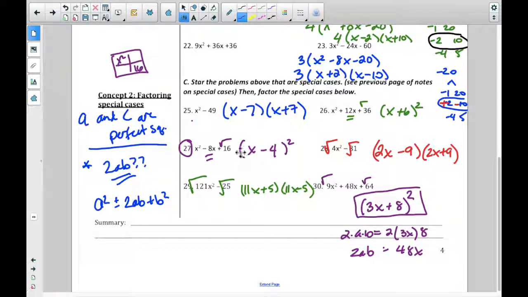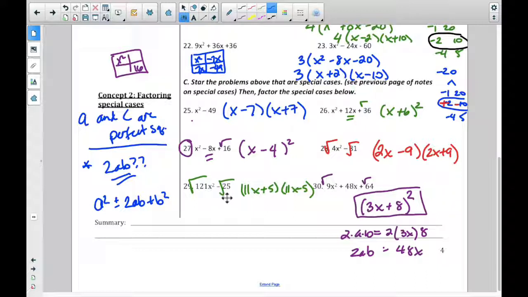But anyway, you can do them by the box method. Even number 5 or 25, you could do that. It's just that you don't have any x's, but that means that they add up together. So now I'm remembering the box method, so this will be a minus 7x and a plus 7x here, and those cancel out. But anyway, you can do the box method on these if you are a big fan of that.